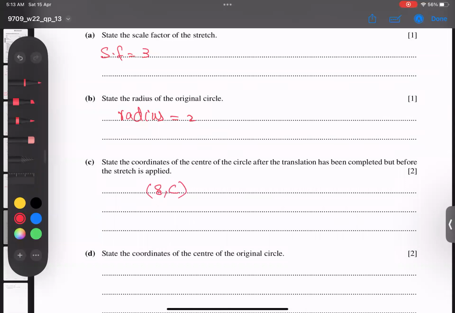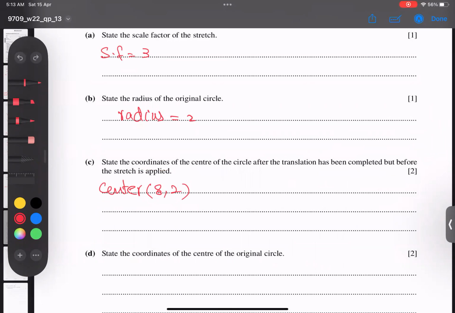This is called the center of the circle. So this part is also clear. State the coordinates of the center of the circle before this is done.